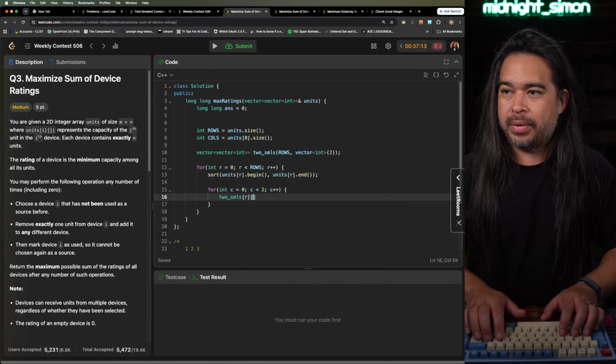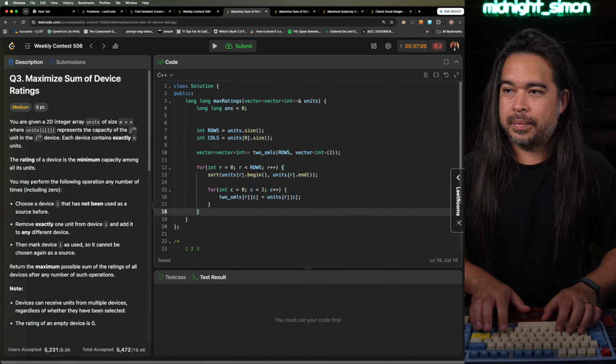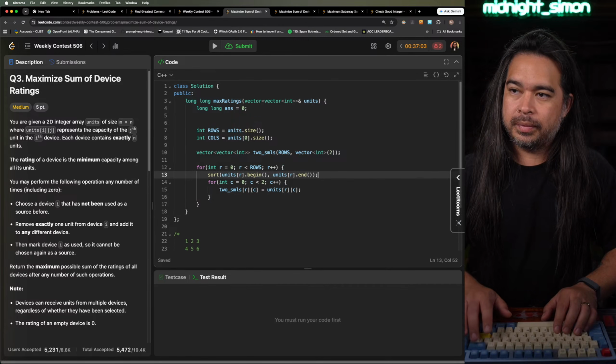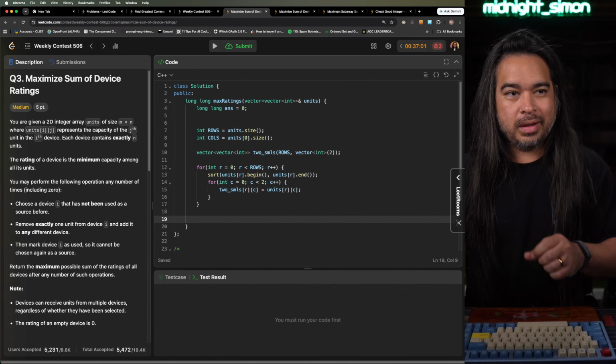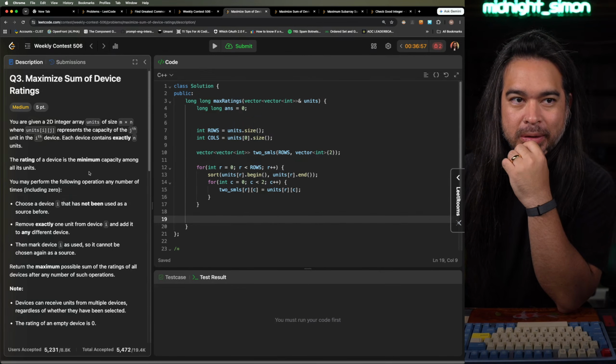So in that row, and that one, I am not too certain how to do this problem, man.